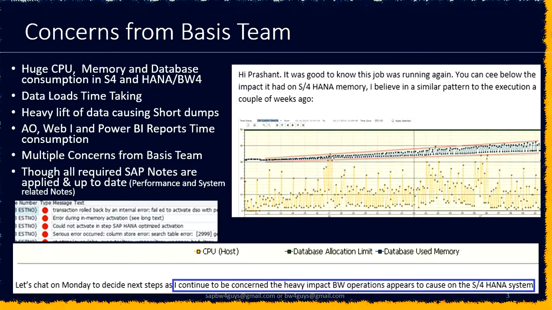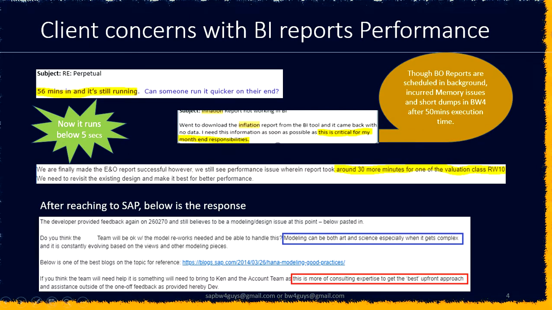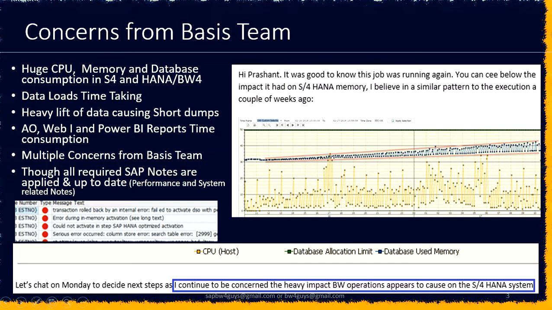The first slide is from the basis team, from before I joined the project. There was huge consumption of CPU, memory and database when the data shift happens, and an email from the basis team pointing out how performance was impacted on both the S4 and BW4 systems.